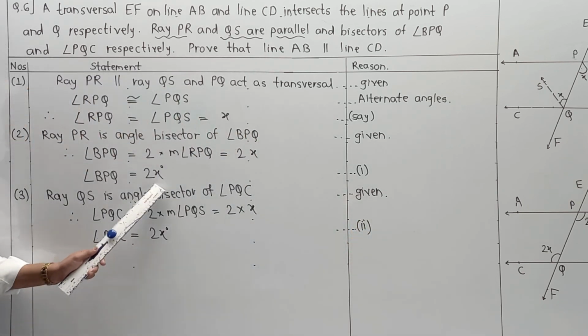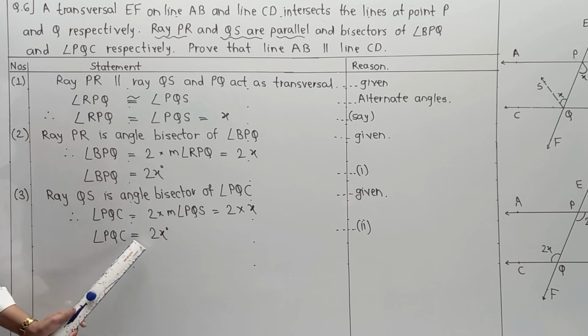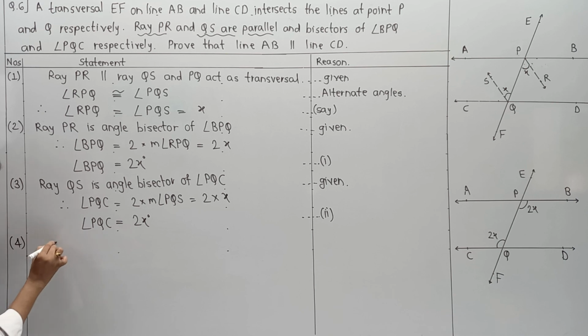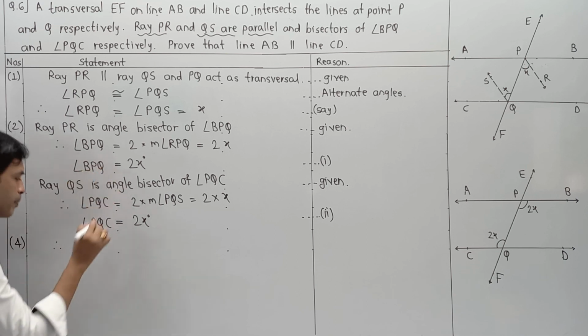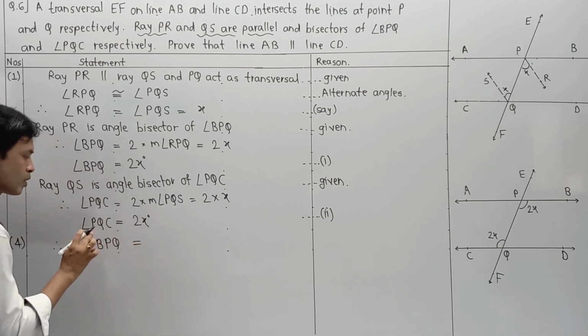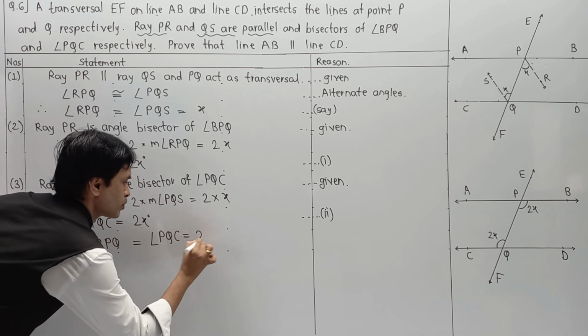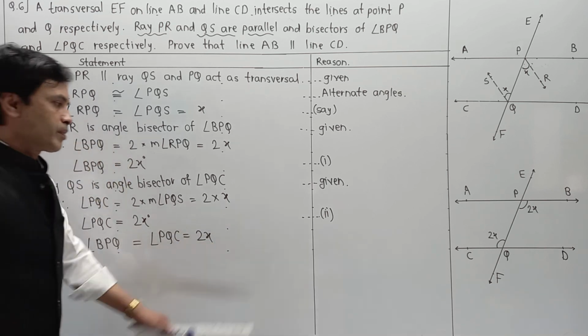From equation 1 and 2, 2x equals 2x, naturally we can say that angle BPQ is equal to PQC. So fourth part: here angle BPQ is equal to angle PQC is equal to 2x from equation 1 and 2.